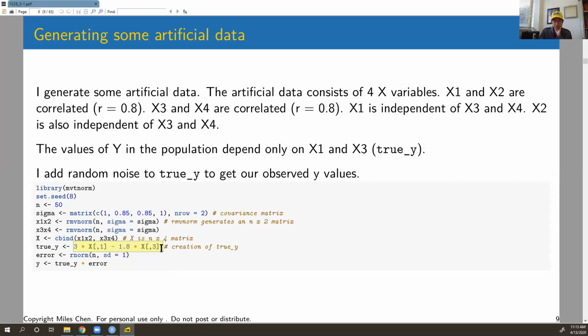Anyway, that's the true relationship to Y. And what I've done is I've used rnorm to generate error, and I'm going to add random noise to the true Y, and this is going to be our observed Y. So our observed Y is the true Y values plus some error, and the true Y's are determined only by X1 and X3. So this is what my artificial data looks like.